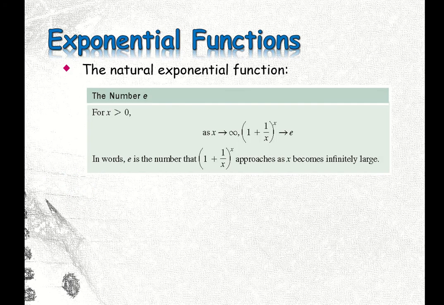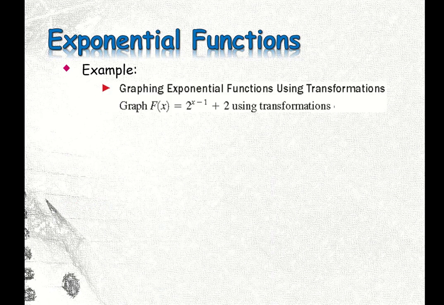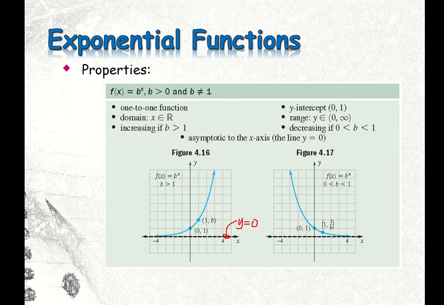Okay, let's check. So what I was saying is these conditions here: b greater than 1, or b less than 1 but greater than 0. So we always have to refer to this one. But e, what is e? It is 2.7182818. So which of these two?